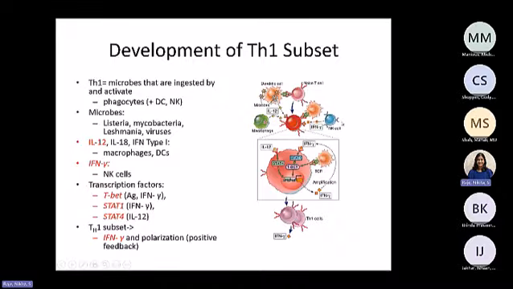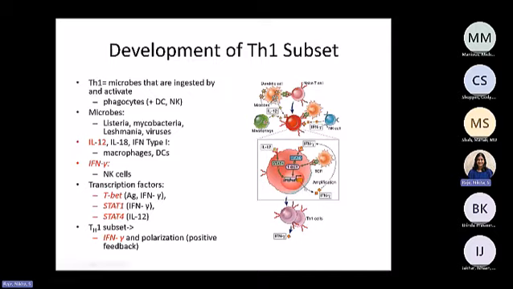The interferon gamma can also come from NK cells, and that is going to act on the differentiating CD4 cell, and that signaling will lead to some of the transcription factors that will get activated, including T-bet, STAT1, and STAT4. Because of that T-bet, that's going to help in transcription of particular genes that are important for Th1 subset, such as interferon gamma.